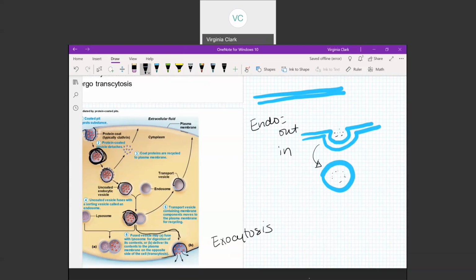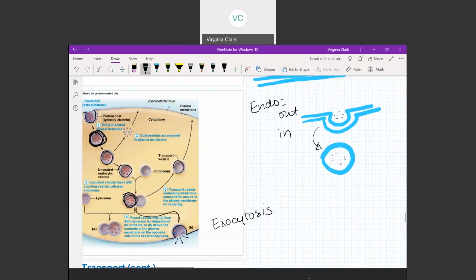When you do exocytosis, you're going to take that same plasma membrane, and if you're going to be inside the cell versus outside the cell, you're going to take your plasma membrane, and it's going to do the same thing. It will create a little bulge.